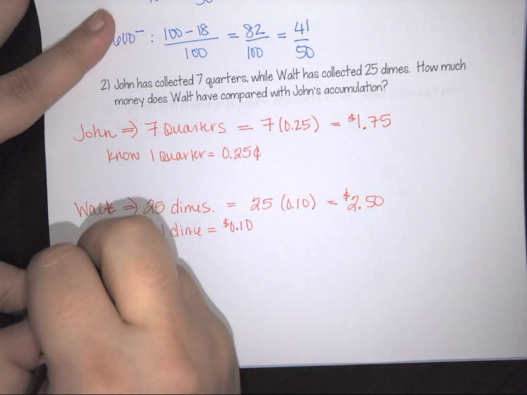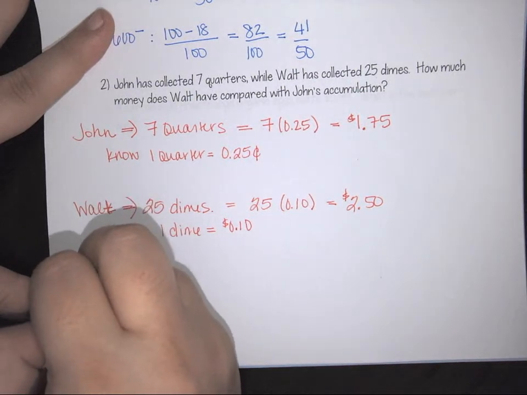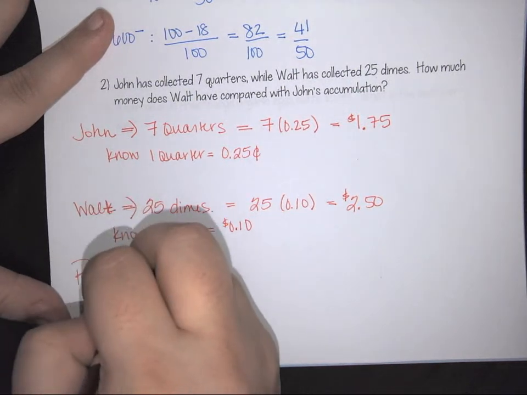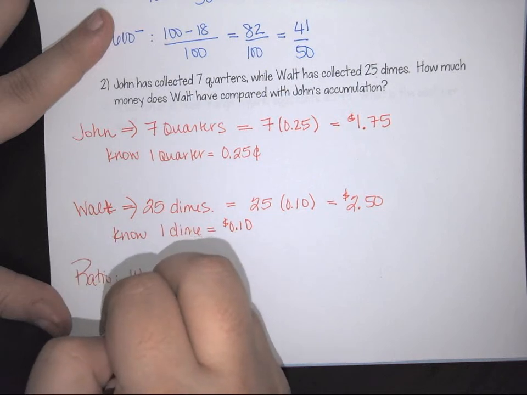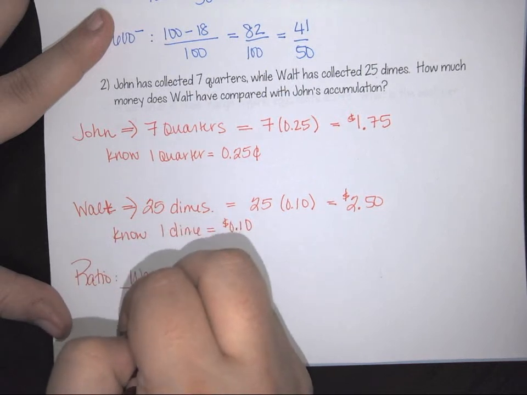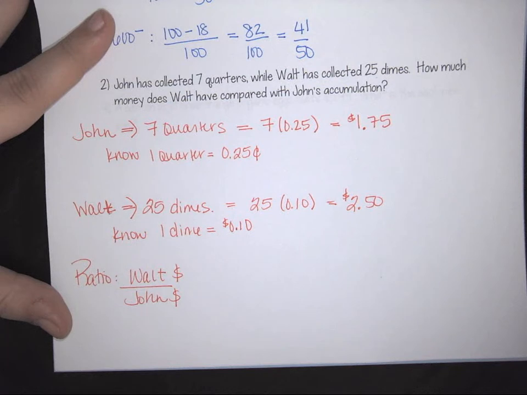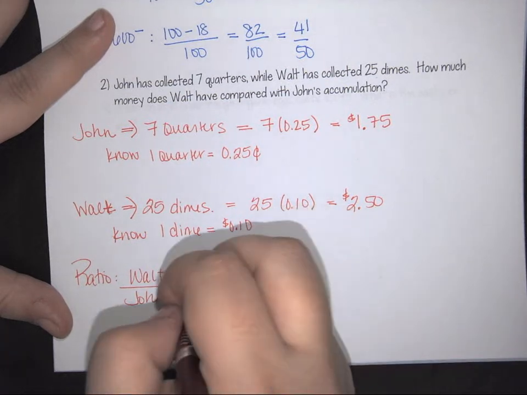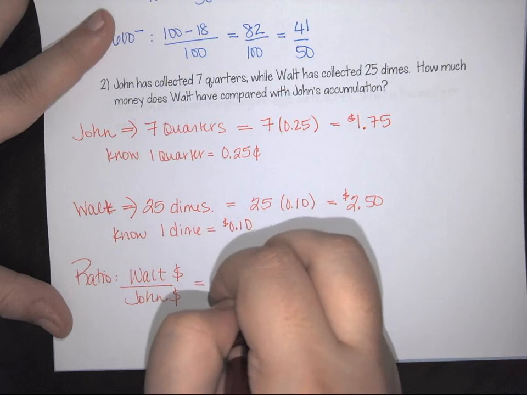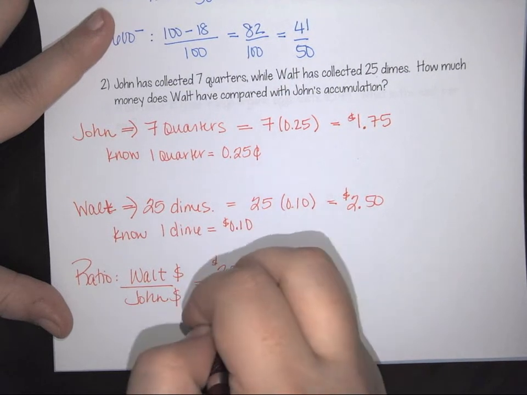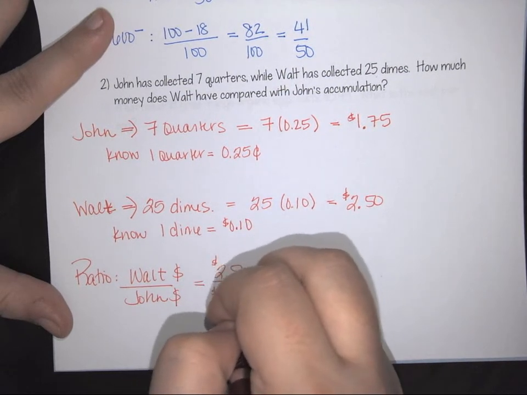So I want to know my ratio, which is going to be Walt to John, and in this case we are talking about money. So here we have $2.50 to John's $1.75.